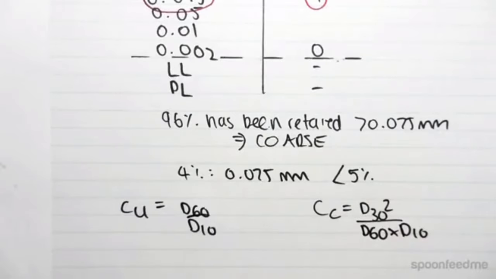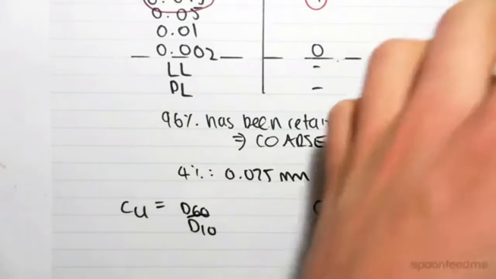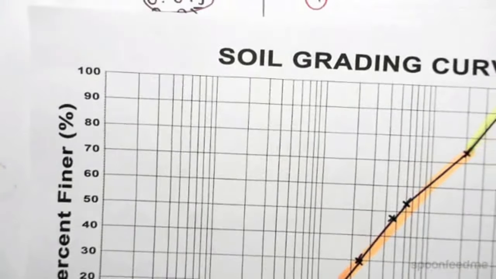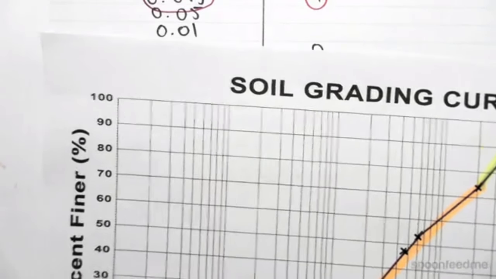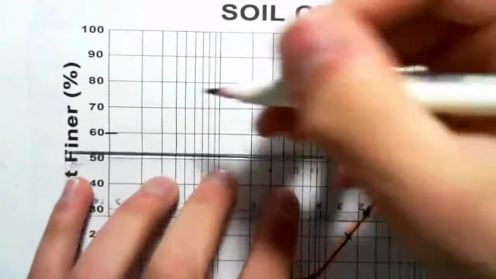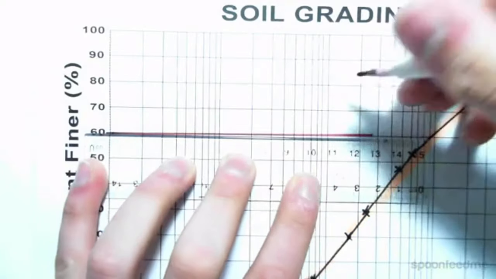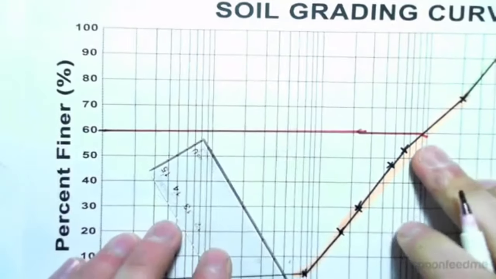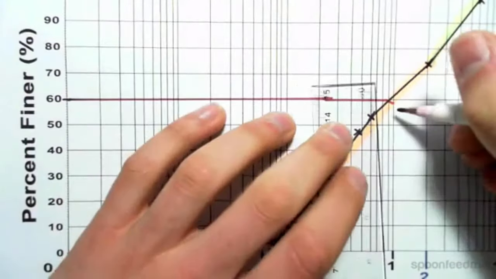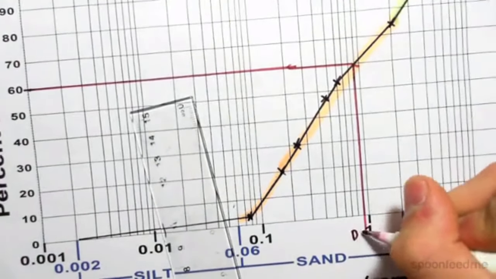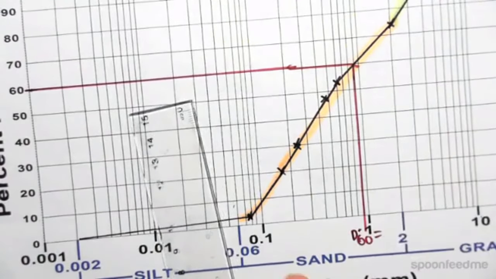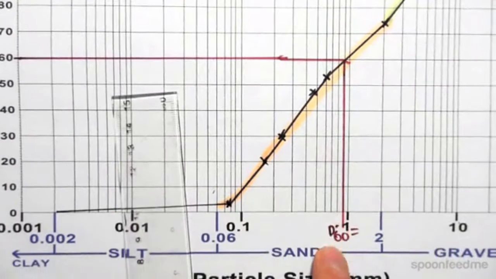When we come to our gradient curve, we come across to 60%, so D60 would be this value here. We hit across, come to the point on our curve, and shoot down. So this is D60, and it equals around 0.9 millimeters.